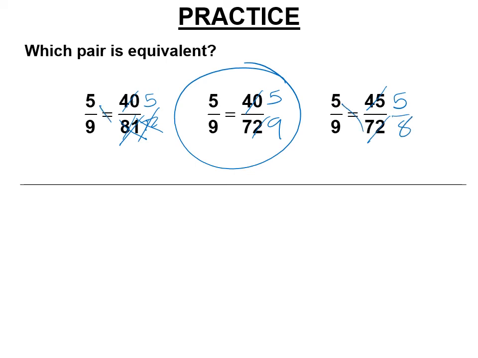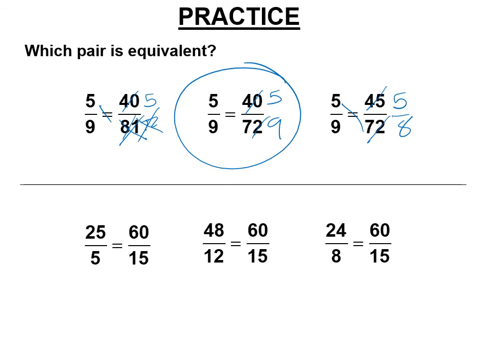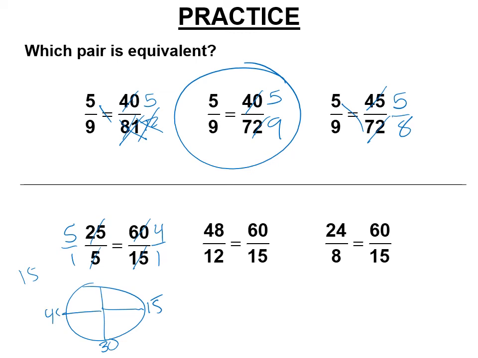There are my slashes. So same thing here. 25/5 simplifies to 5. 15 goes into 60 4 times. Now, that's something you should memorize, right? If you have the hands of a clock, there's 15 minutes, there's 30 minutes, there's 45, and 60 goes all the way around, right?